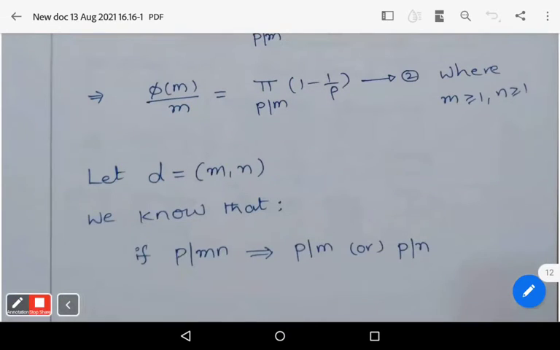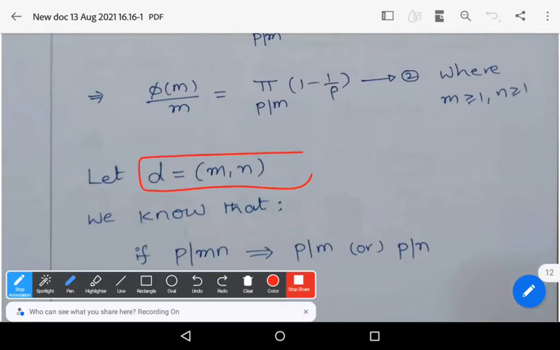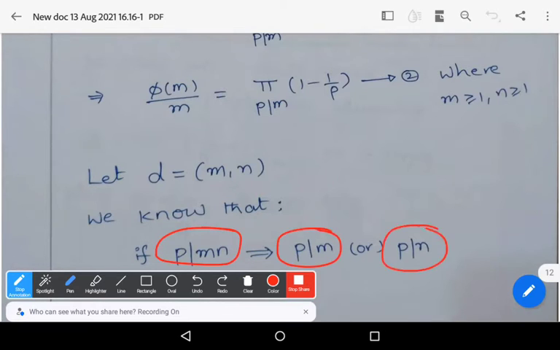Now define d is equal to GCD, greatest common divisor of m comma n. And also we know that if p is a prime number and p divides mn, then either p divides m or p divides n, whenever p is a prime number.